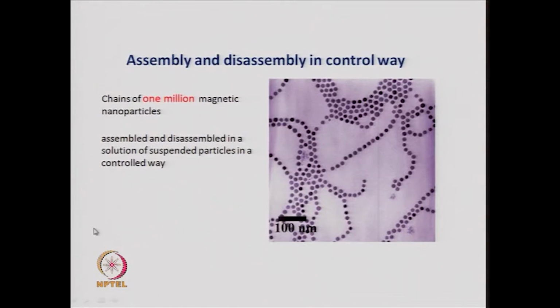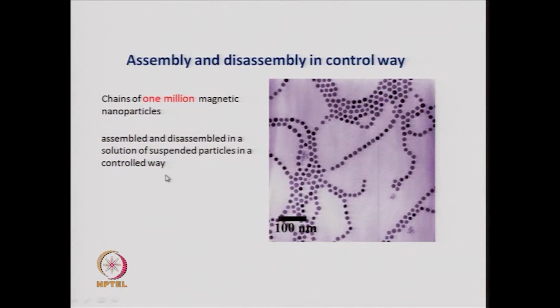This is another way. When you apply them, you want them to assemble or disassemble in a controlled manner. So, this is an image where you can see that the particles have been aligned in a certain fashion by using appropriate reagents or appropriate magnetic fields. So, they can be assembled or disassembled in a solution in a controlled way.